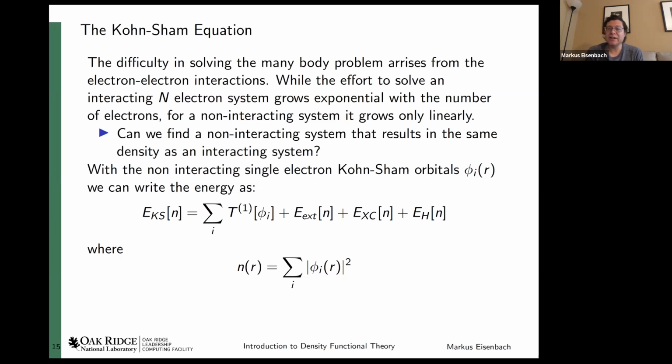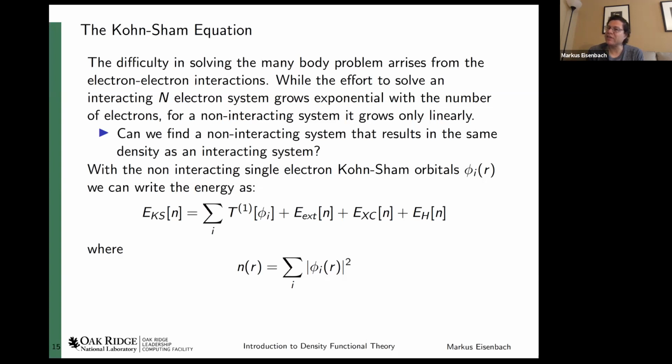The exponential growth of the n-electron system comes from the interactions. If we just had n non-interacting electrons in the system, we actually could solve the system in linear time.